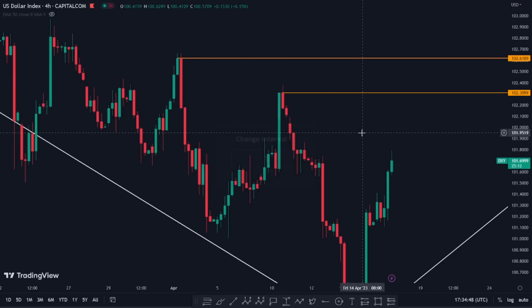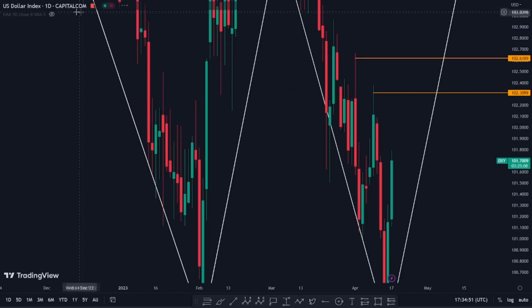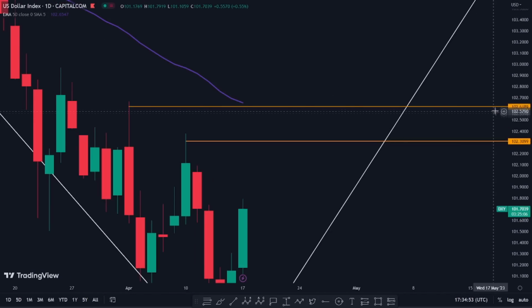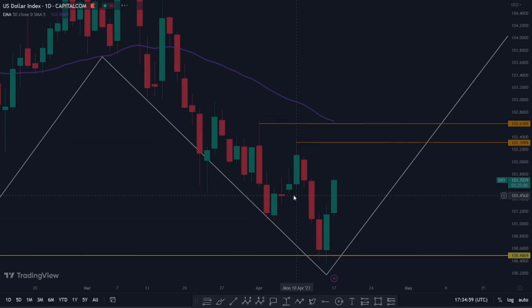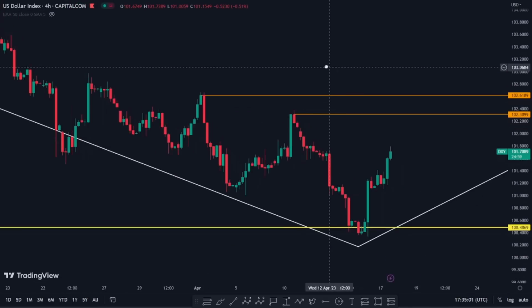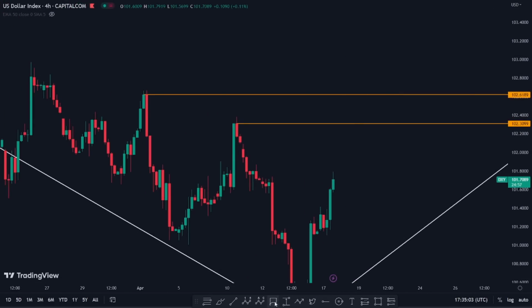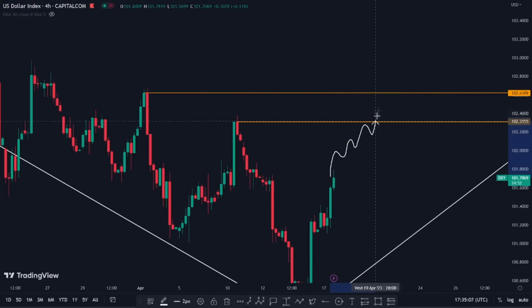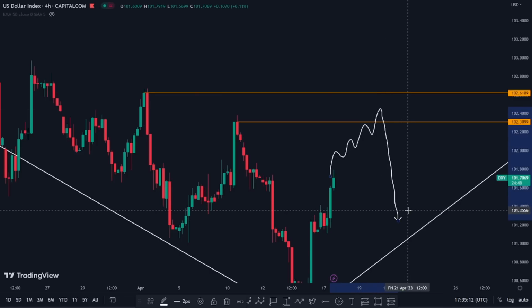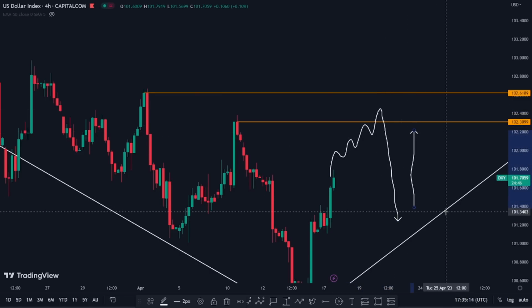On the daily time frame, the 50 EMA is around that area. So the logic is telling me it's very likely that we see the dollar going towards these zones, and then we could see a rejection, and that's where Bitcoin could do exactly the opposite and go up.